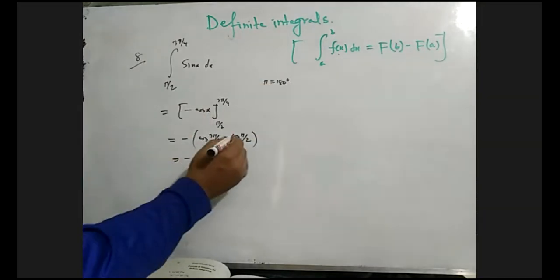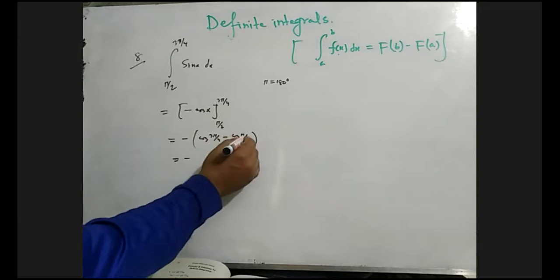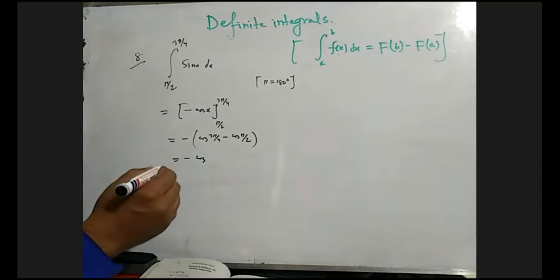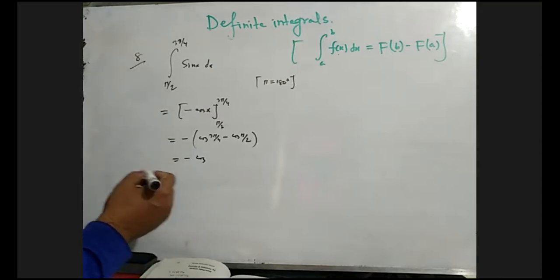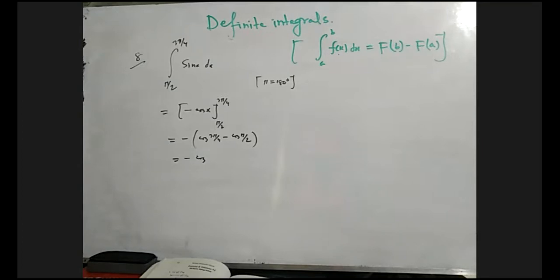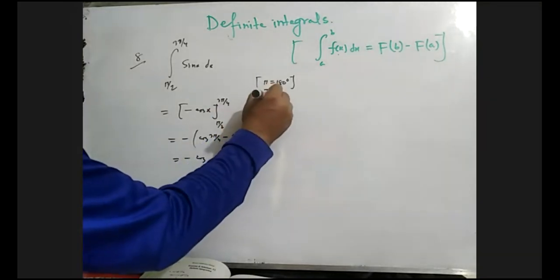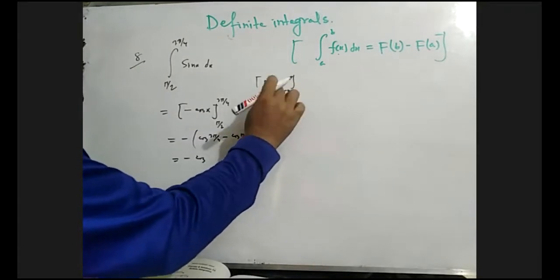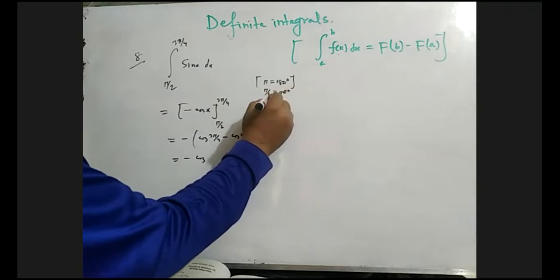So pi by 2 means 90 degrees, and pi by 4 means 45 degrees. So 3 pi by 4 is 135 degrees, okay?